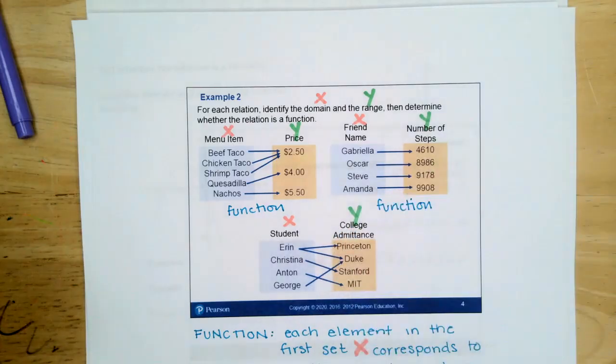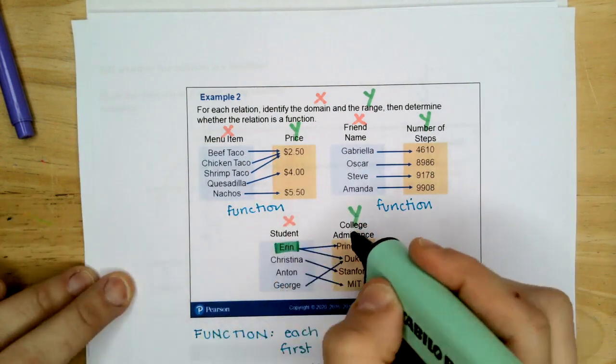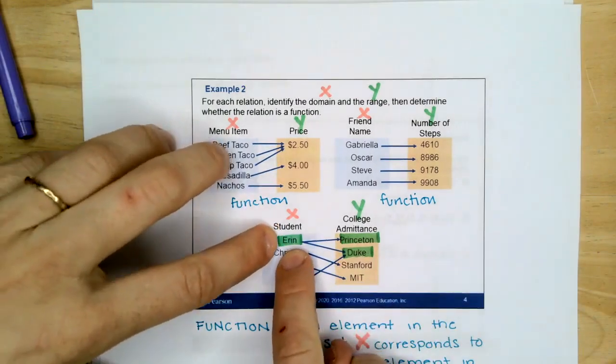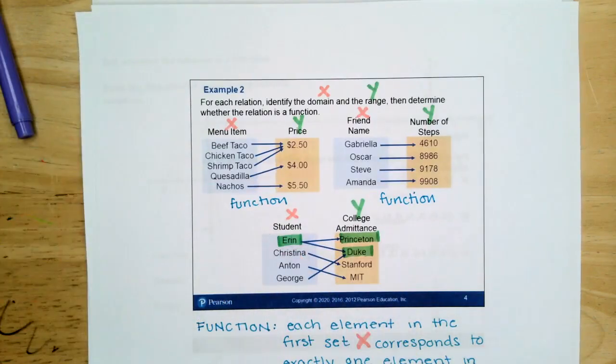It is not a function if you have any x's that have 2 or more different y's. So Aaron sometimes maps to Princeton, Aaron sometimes maps to Duke.